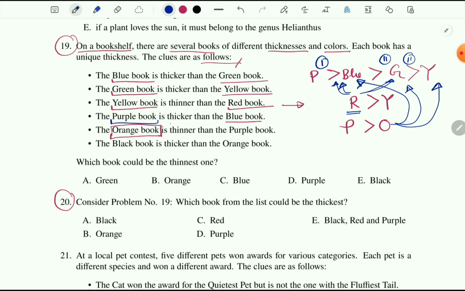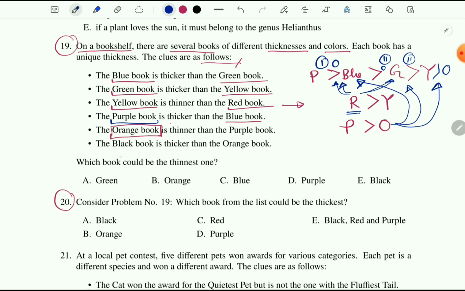This orange could be the thinnest, or it could be thicker than yellow, thicker than green, or even thicker than blue, so it can be positioned in any of these places.